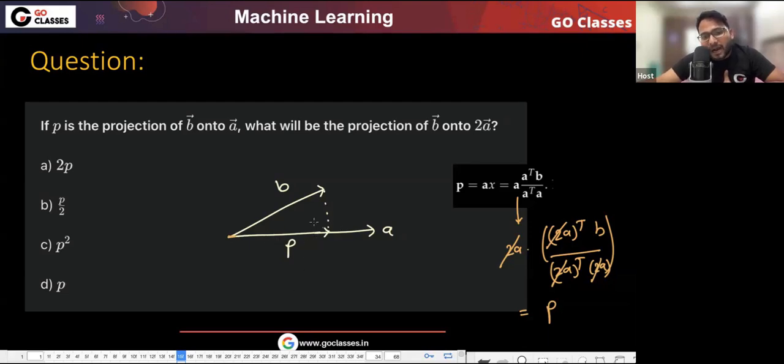What I'm saying is that either you project this b on a, or on a by 2, or on 2a, it doesn't matter. This is a one dimensional space. Do you all agree? This a is telling you a one dimensional space. On this 1D space, you choose any basis: a, a by 2, 2a, 3a, a by 3.